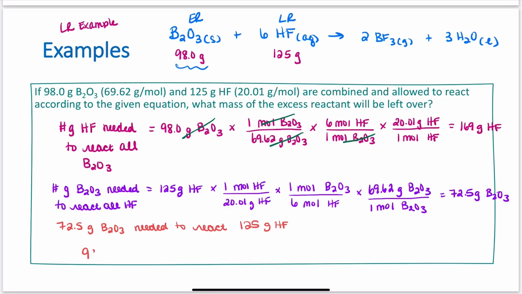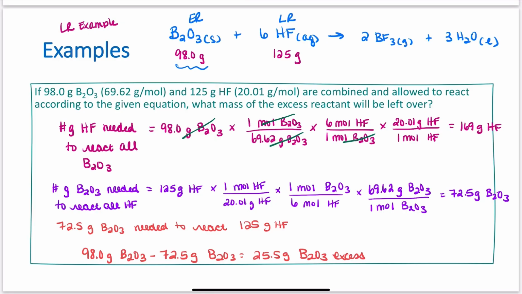I have 98 grams. So 98.0 grams of B2O3 available minus the 72.5 grams of B2O3 that are going to react leaves me with 25.5 grams of B2O3 in excess.